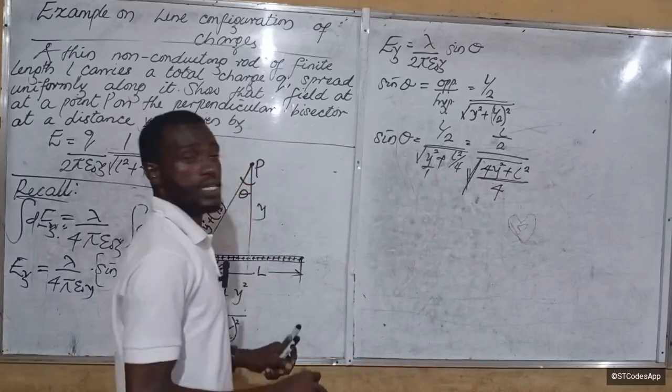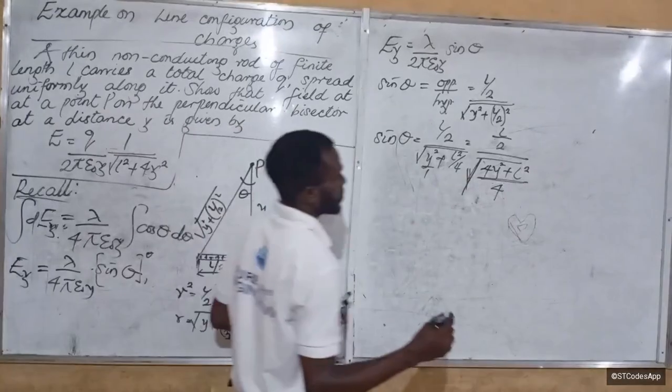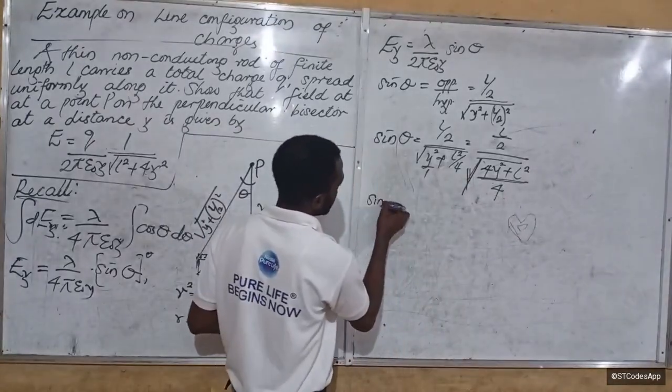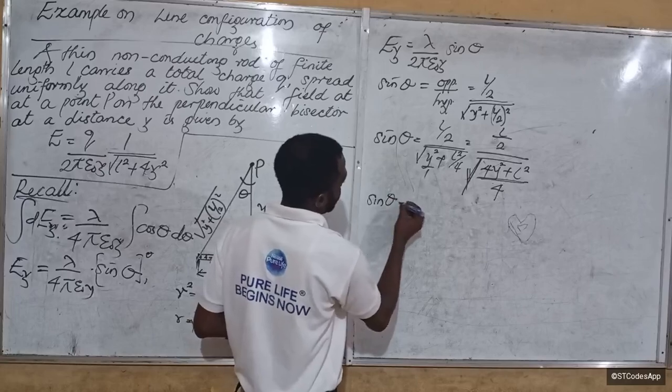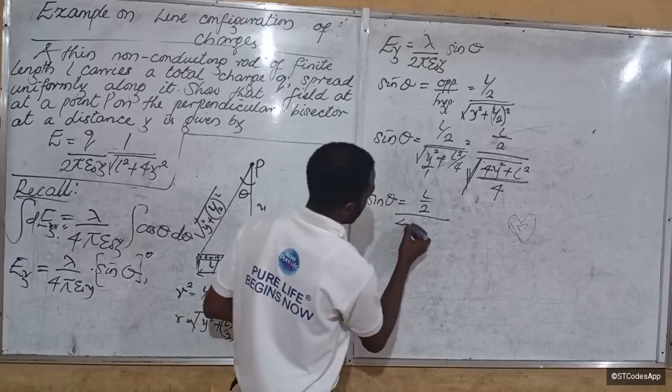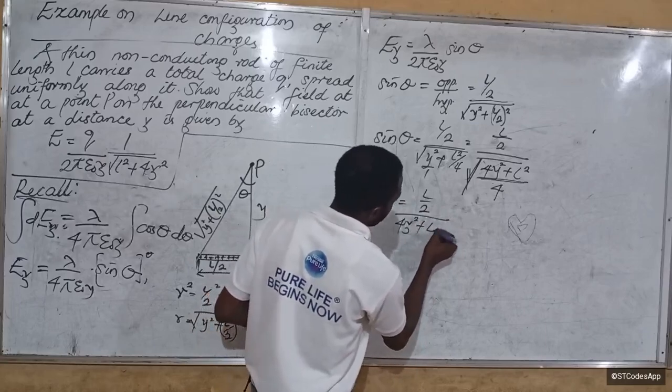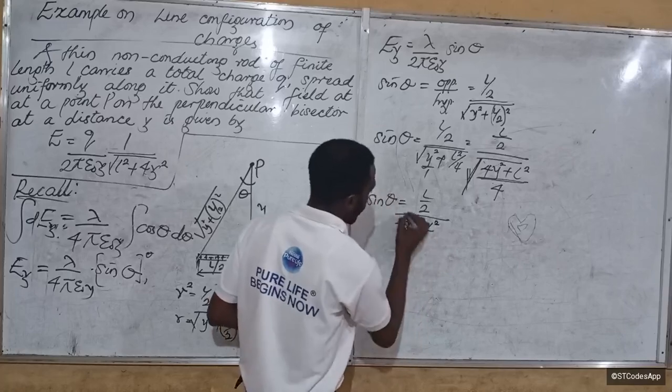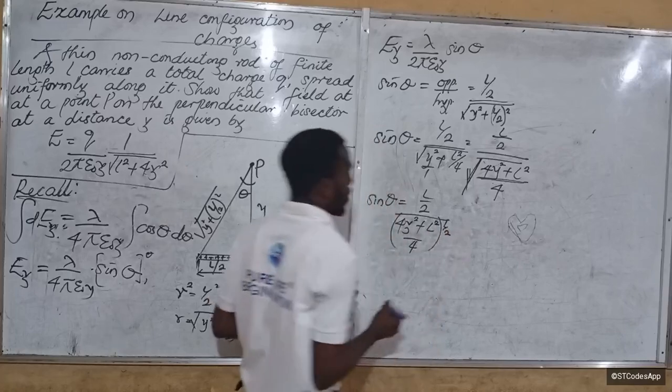I hope this is clear. Okay, so if that be the case, then we can have our sine theta equal to L over 2 over 4y squared plus L squared over 4 all raised to the power half.